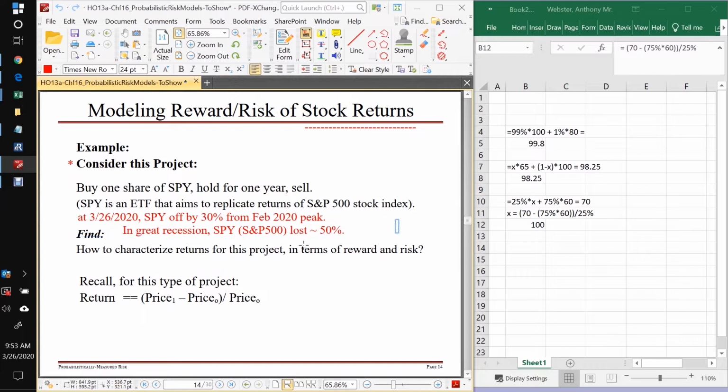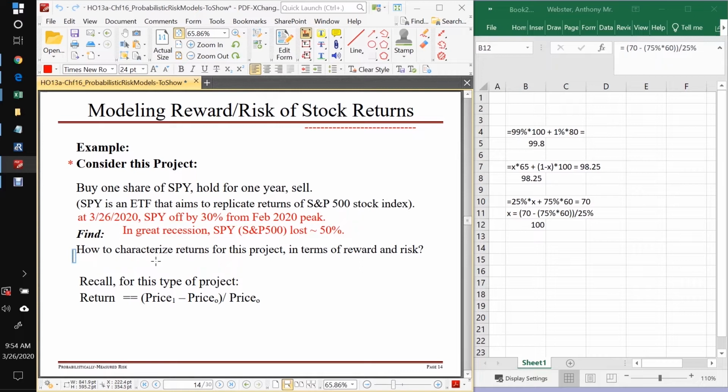So it's quite possible this coronavirus problem that we're having in 2020 is worse than the Great Recession. And if that's true, the S&P 500 and the SPY will continue to decline at some point. Okay, so enough of the real world context.